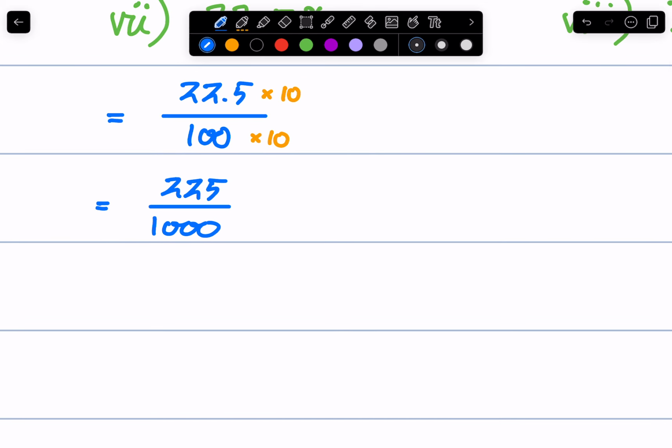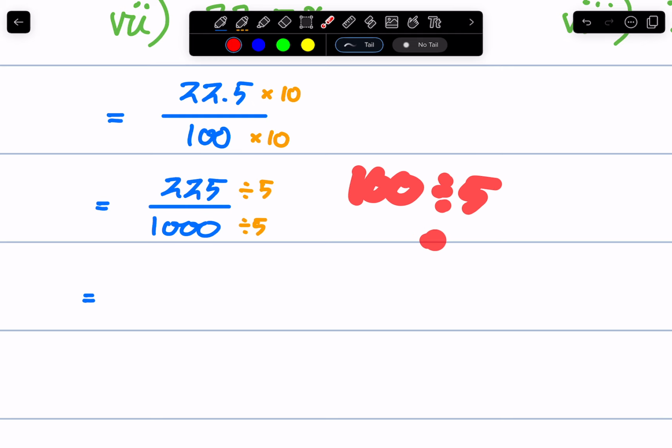And so now it's just a matter of simplifying this. Since they both are divisible by 5, it ends in 5 and ends in 0, we can divide both of these by 5. So 200 divided by 5, well, 100 divided by 5 is 20, so 200 divided by 5 must be 40. 25 divided by 5, well, that's 5.